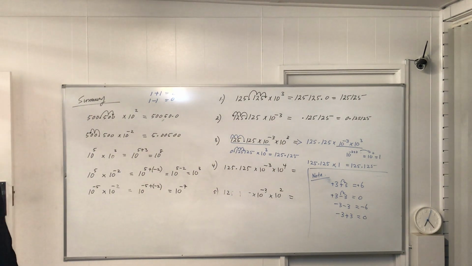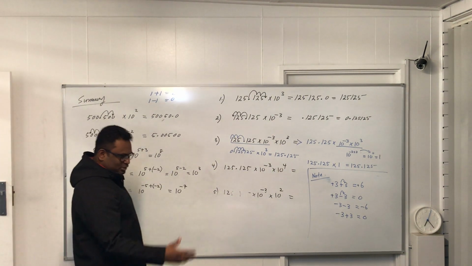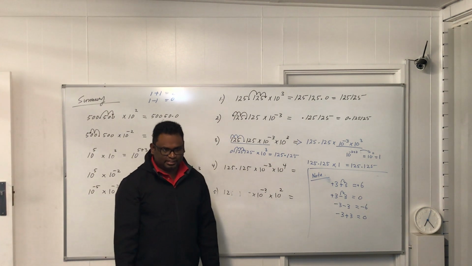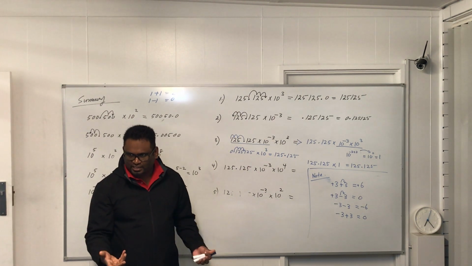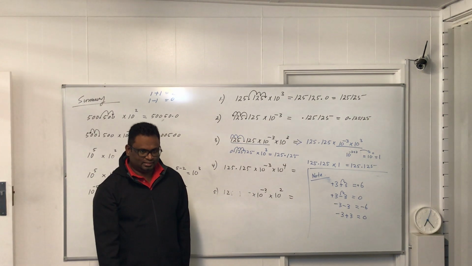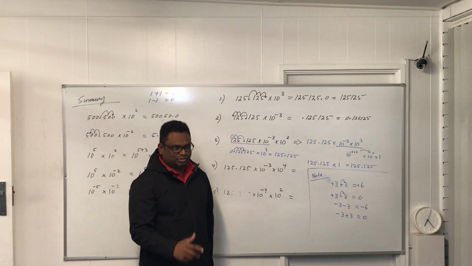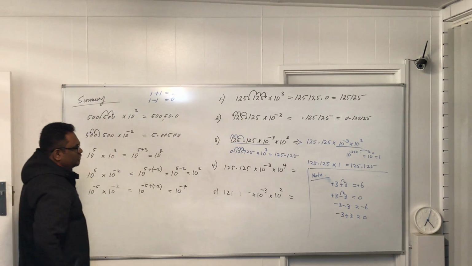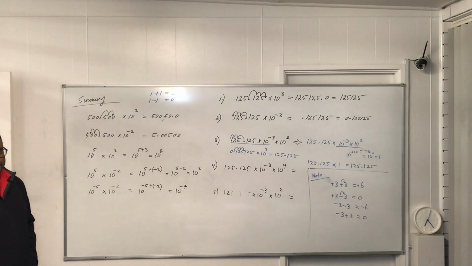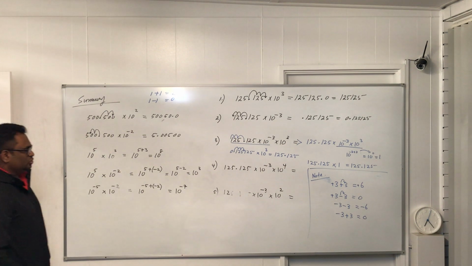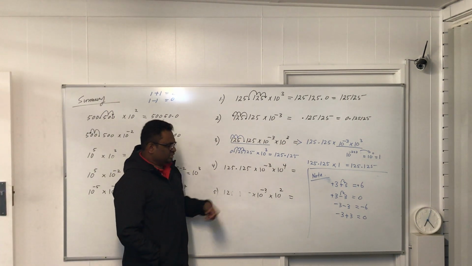Easy peasy. There are shortcuts to understand the material. That's why I'm always telling you, if you don't understand it, let me know. I know how to teach you that. Any other questions? All good? Okay, so now do this and that.